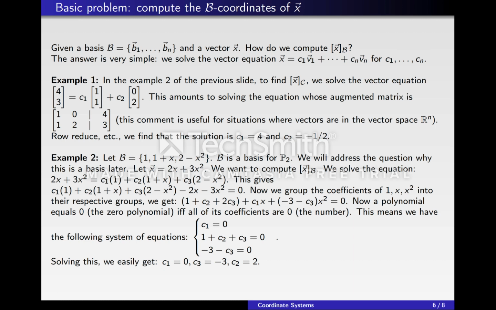If you solve this system of 3 equations in 3 unknowns, you clearly get c1 equals 0, c3 equals minus 3, and c2 equals 2. That's it. The coordinates of x: x sub B is the vector in R3, and the vector is (0, 2, minus 3).